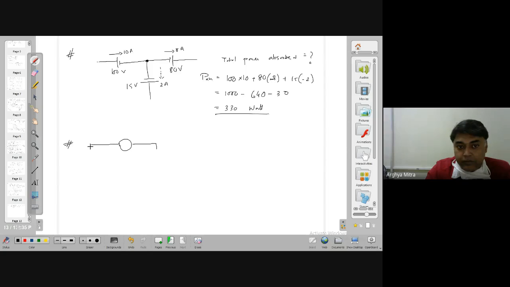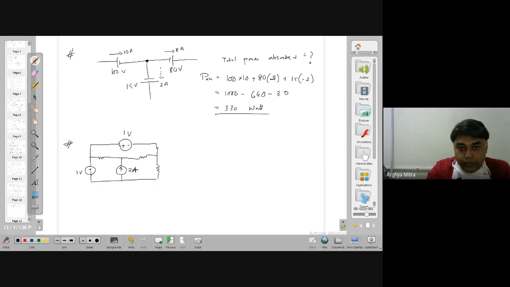Another beautiful problem let us have with this circuit. This is 1 volt. This is 1 volt.